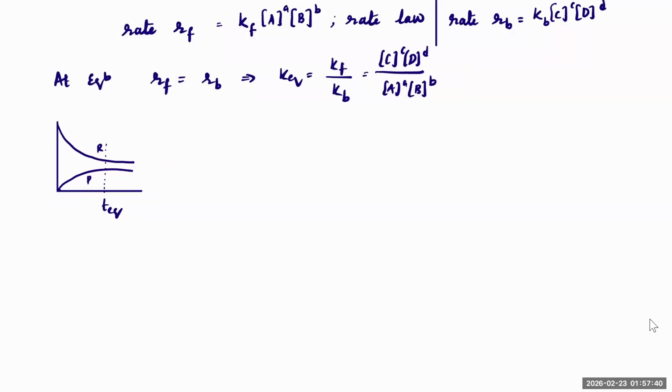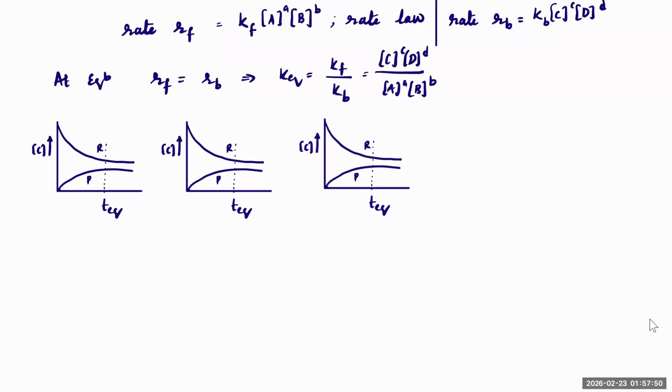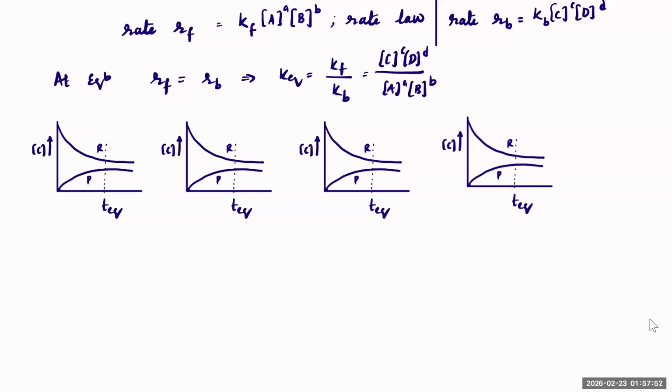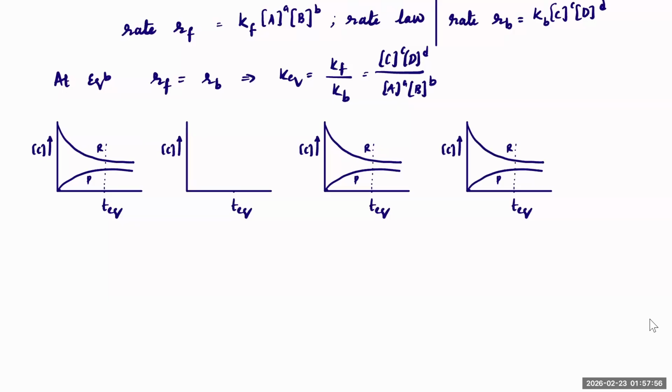So what are we comparing with? We are comparing the concentration terms of the reactants and products. Likewise, if I try to plot multiple graphs here, see what graphs you need to assess. This same equilibrium can be achieved in this way also, where reactant concentration and product concentration are constant.